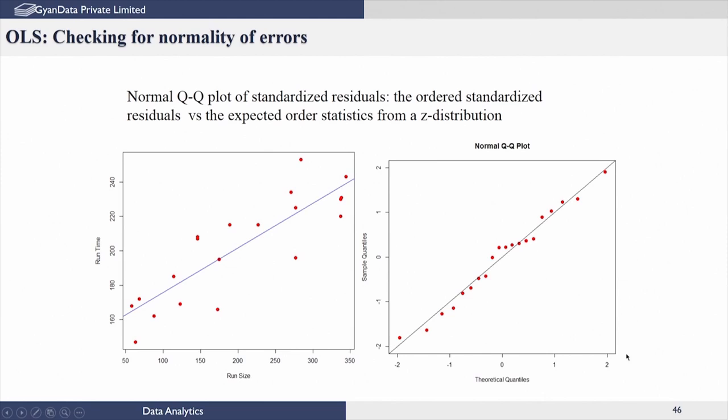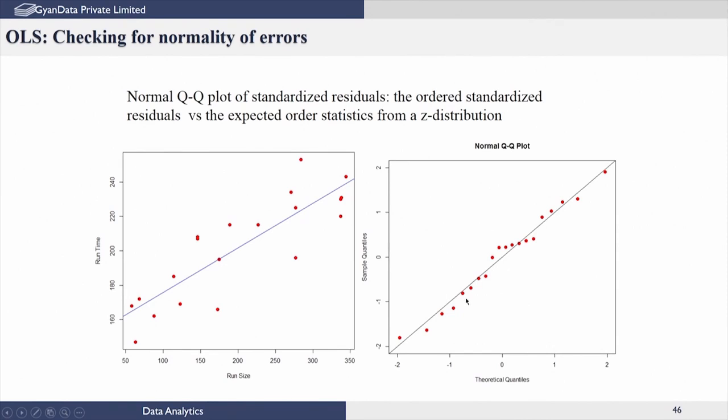So, the theoretical quantiles computed from the standard normal distribution and the quantiles computed from the sample standardized residuals follow the 45-degree line, and therefore, in this case we can safely conclude that the errors in the data come from a standard normal distribution.